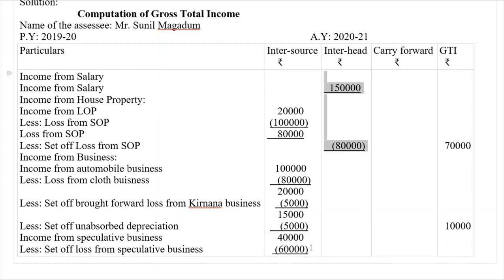That comes to rupees 20,000, which will be carried forward, because this loss cannot be adjusted against any income.